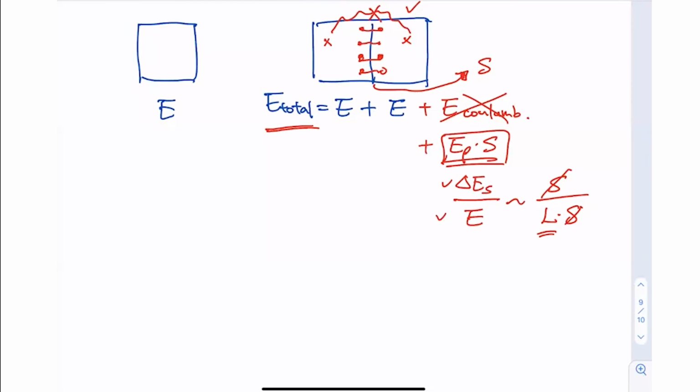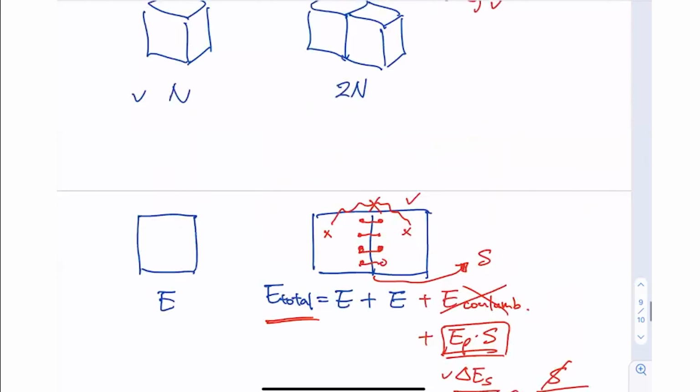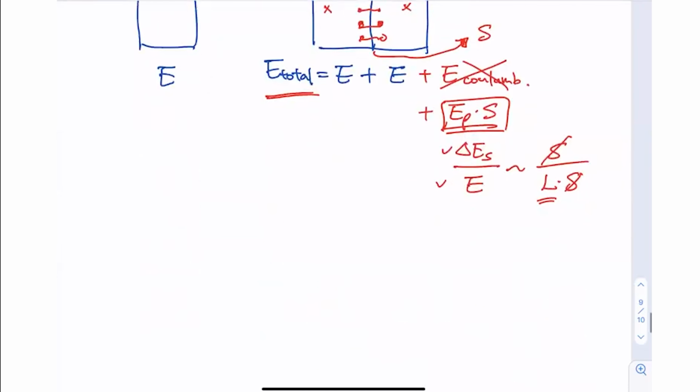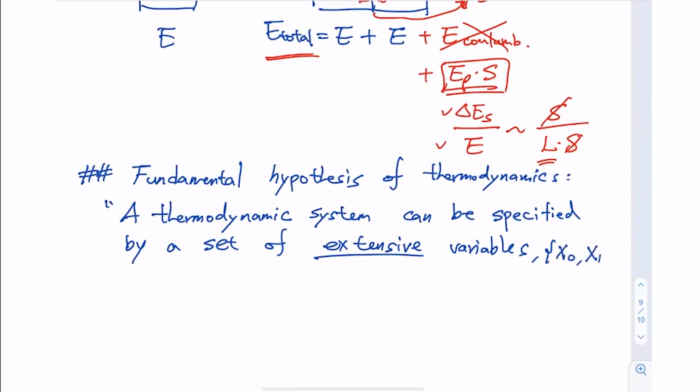So here's another fundamental hypothesis about thermodynamics. Let me try to write it down. Okay, so that's the fundamental hypothesis of thermodynamics.